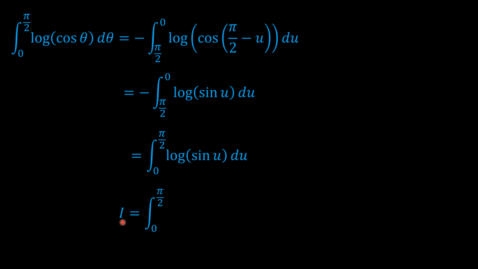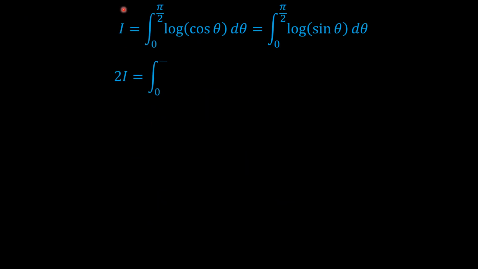So if we say that our integral I is equal to the integral from 0 to pi over 2 of log cosine theta, that's the same as the integral from 0 to pi over 2 of log sine theta from this expression here. So this is the same as this, right?